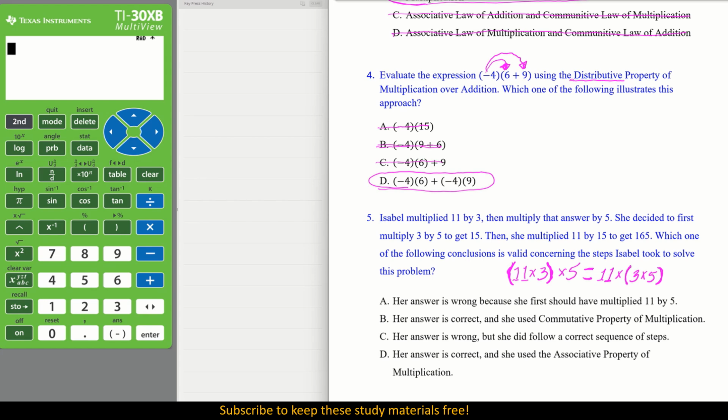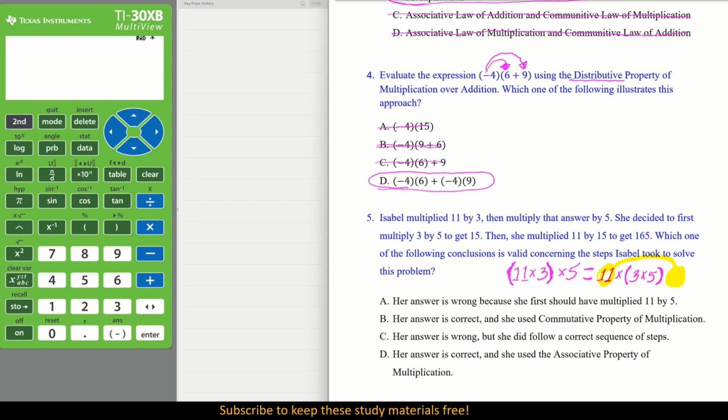Okay, now if we take this 11 and we moved it over here to the other side, we could have the commutative property too. But that's really not the way they said it. They said 11 by 15. And that verifies what I have written on the right-hand side. So let's take a look at our options.